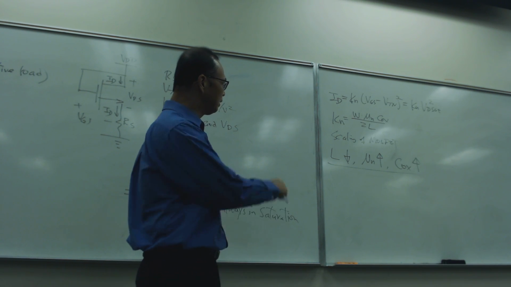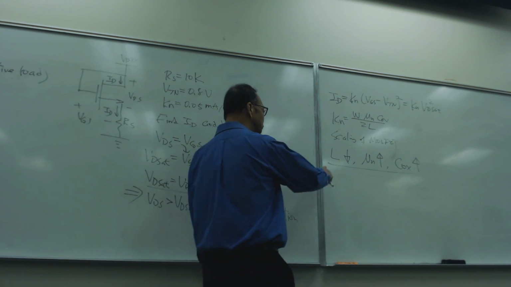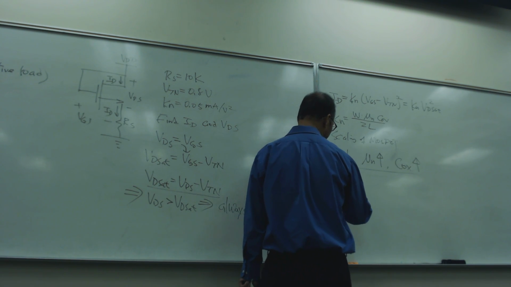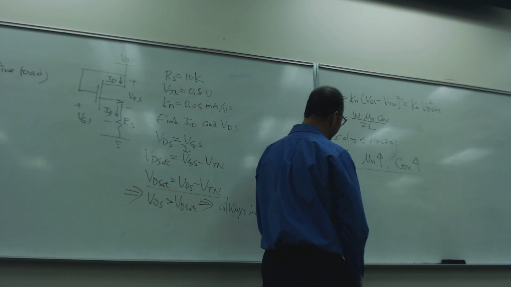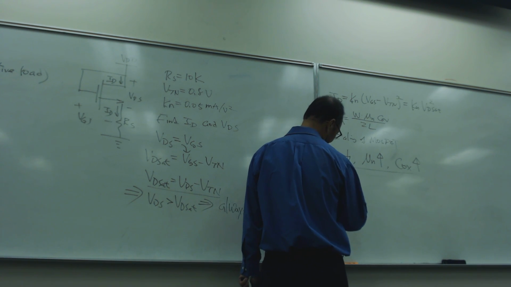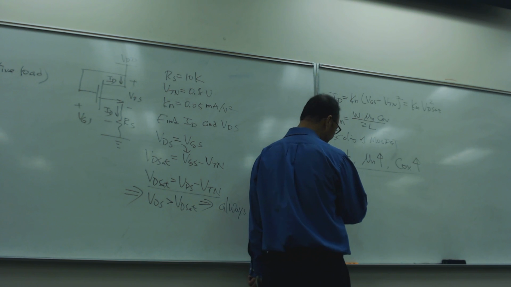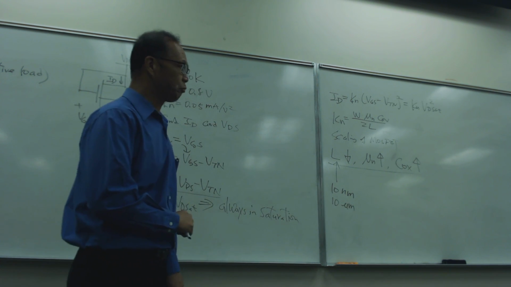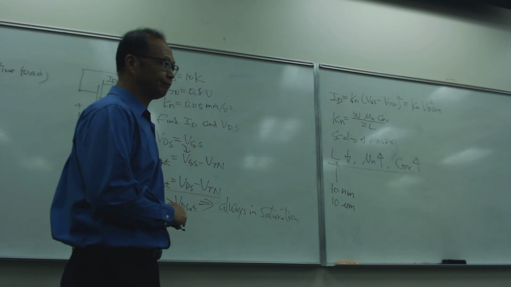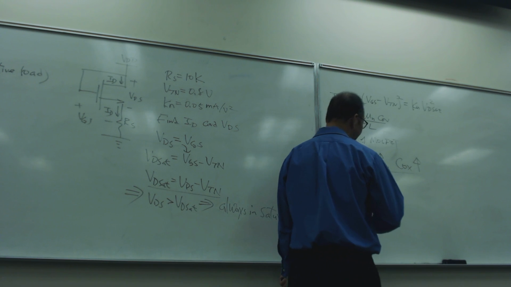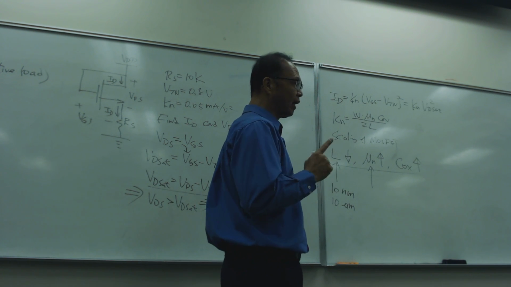So people working in this area have always tried to do that. And now L becomes 10 nanometer, while 30 years ago, L was like 10 micron. How many orders of magnitude is that? 3 orders, right? Difference. Mu n I talked about a little bit last time.